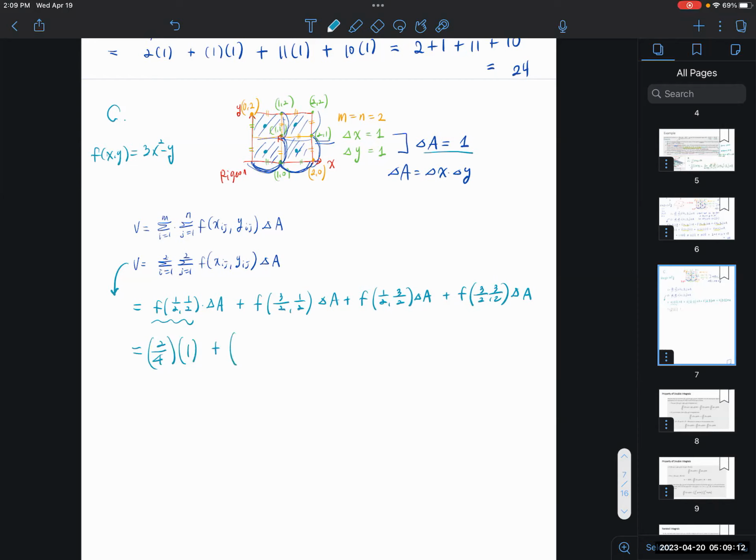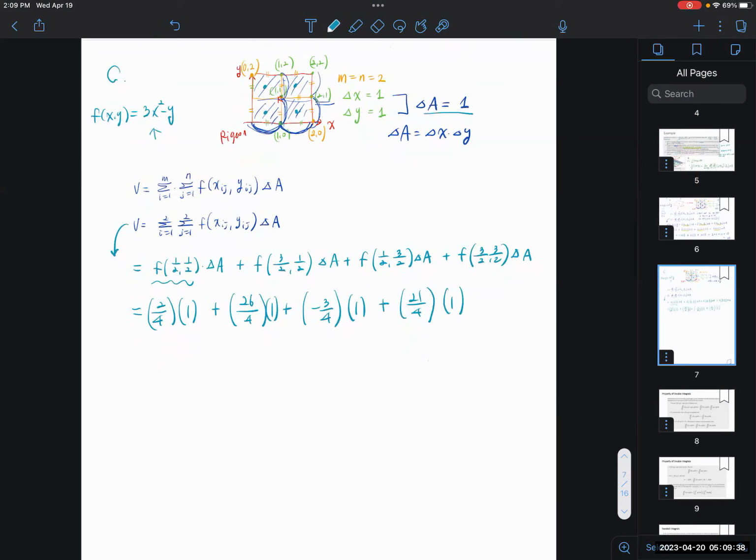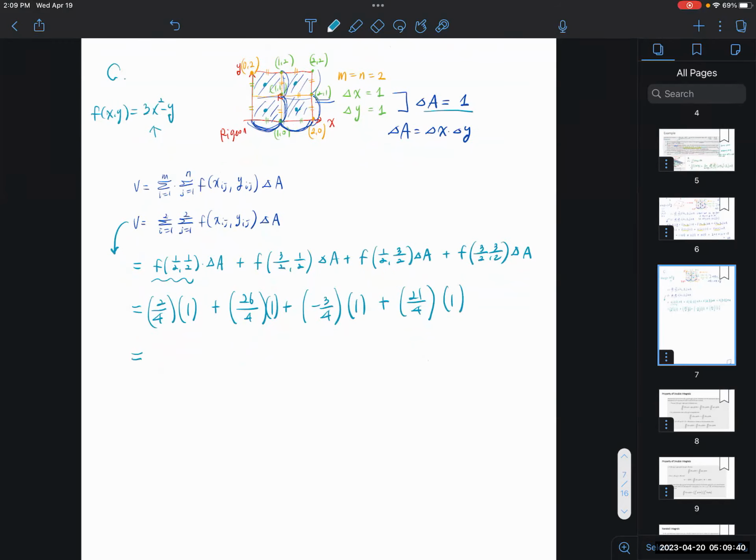And then if you plug in 3/2 and 1/2 into here, you should get 26/4. Okay. And then if you plug in 1/2 and 3/2 into that, you're actually going to get a negative number, and times 1. Oh, I forgot 1. Plus the last one, plugging in, you should get 21/4. Okay, so if you now finalize all the summation, I got 45/4.